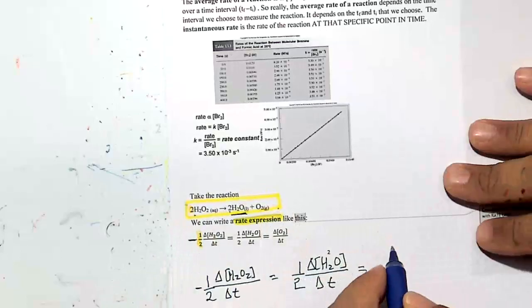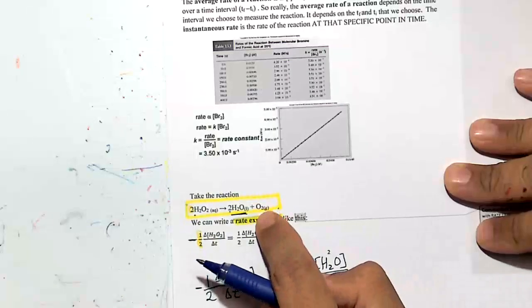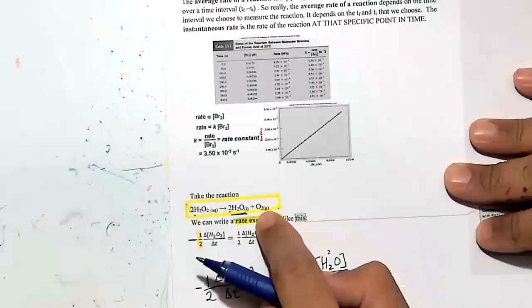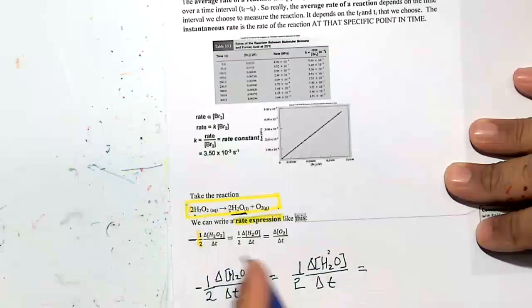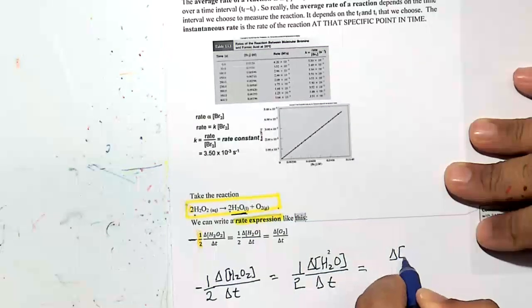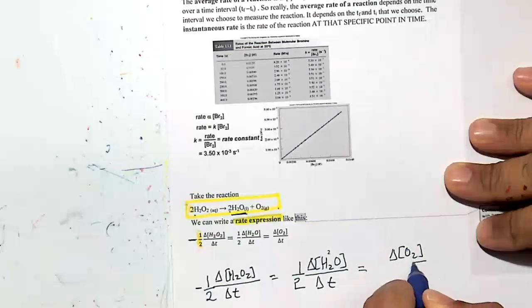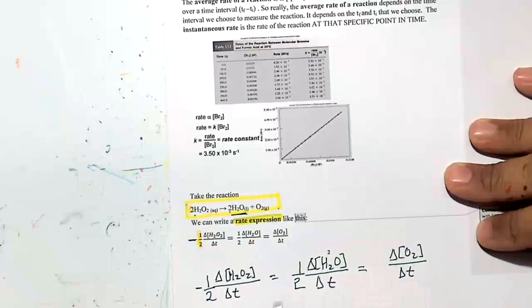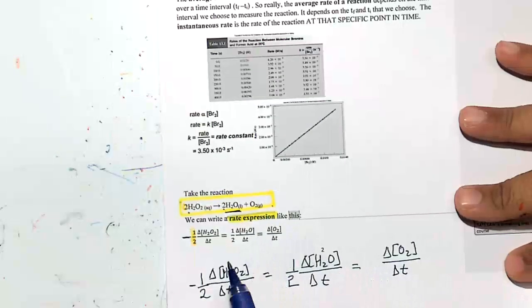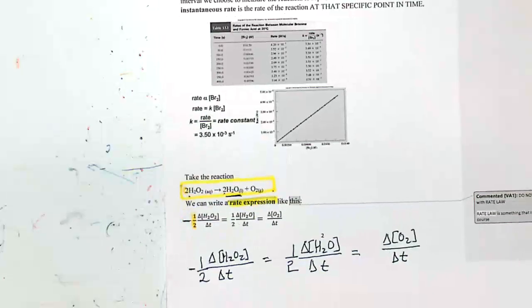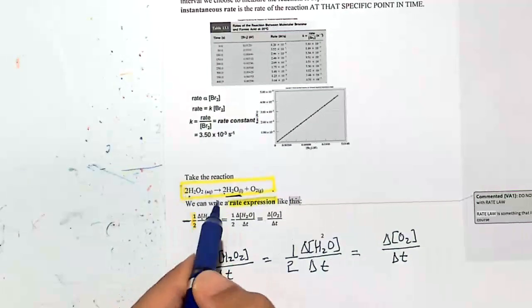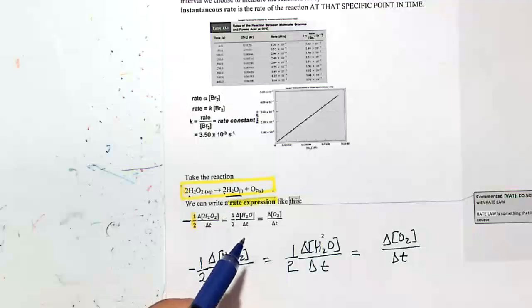Notice this is a 2 to 1 ratio. First of all, will this be positive or negative? It's a product, so positive. The rate of change in concentration of O2 over some window of time will be positive. Why is it 1/2 again? Because of the stoichiometry.